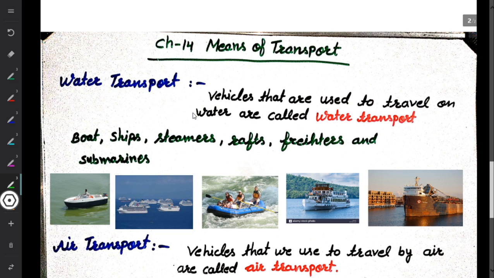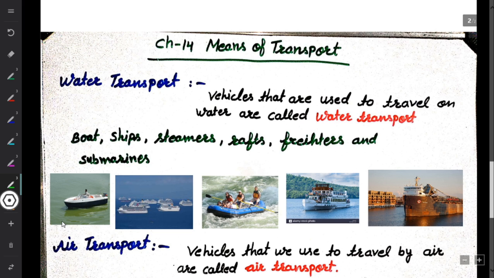So first we will learn water transport. Vehicles that are used to travel on water are called water transport, like boats, ships, steamers, rafts, freighters, and submarines.